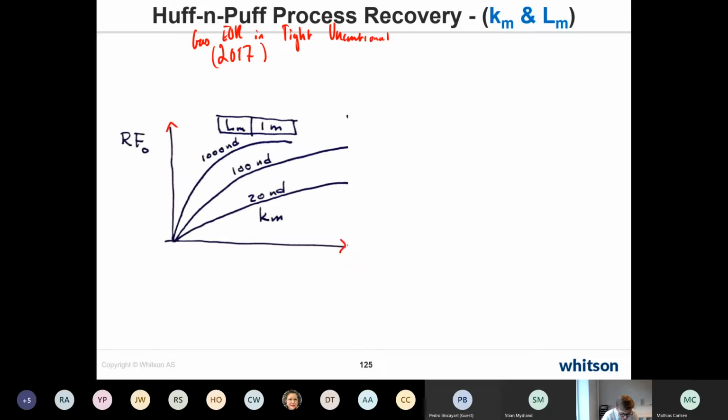This is the recovery factor for different pieces of rock with the same length. So length here is constant. All of the lengths are 1 meter, and we have diffusion applied, but the permeability is different. And the higher the permeability, the higher the recovery, or the more efficient that recovery process is.